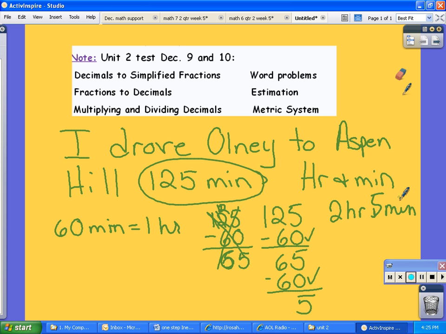Or students can decide that they're going to use division. 125 divided by 60. How many times can 60 go into 125? 2 times. Subtract, 5 left over. We don't add decimals with this, because anything left over are our leftover minutes.